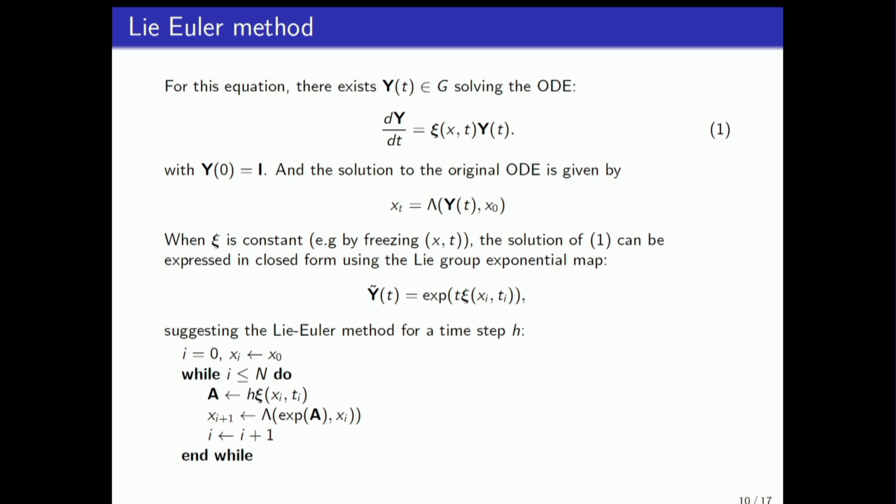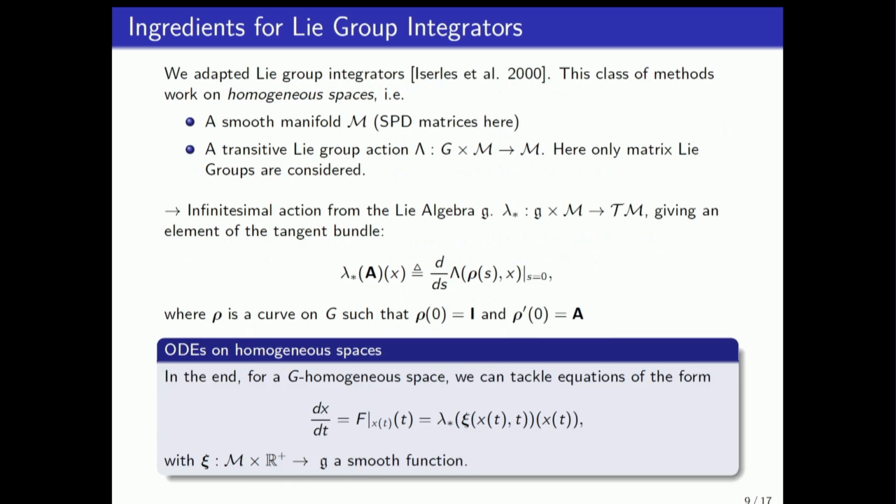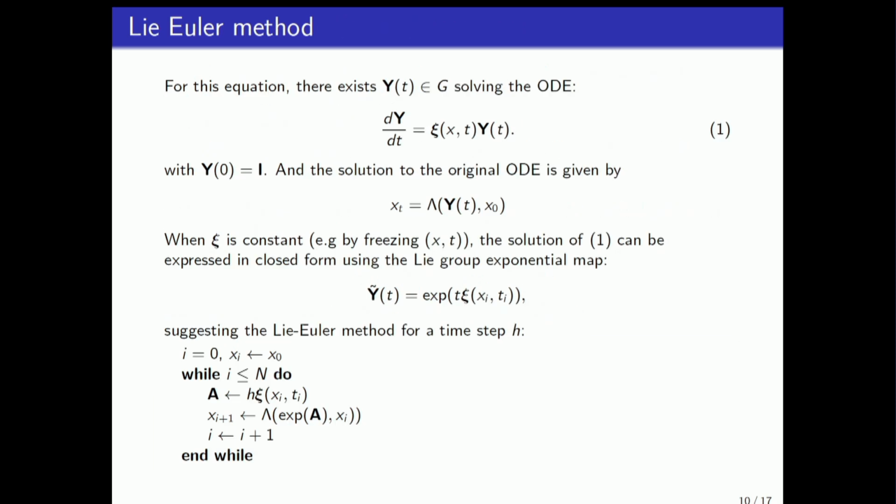So the good news is that if you have an equation like the one on the bottom here, you can show that if you take the Lie group of the homogeneous space, you have a very simple equation that's linear but with variable coefficients. And if you are able to solve that equation, you can just come back to the manifold using the group action.